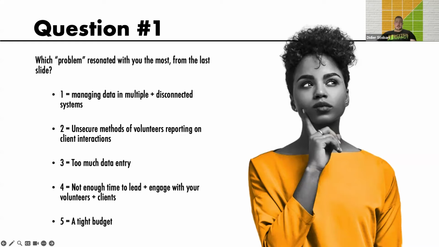So that's something that obviously could interact with each other and be causing that issue. And of course, we hope that Better Impact can help with those problems. And obviously, as an all-in-one platform, free up some time so you can engage with those volunteers.